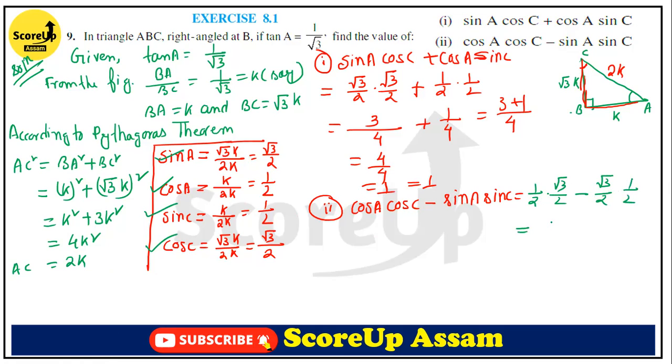So ultimately it will be root 3 by 4 minus root 3 by 4, so it will be 0. This is the solution of this question.